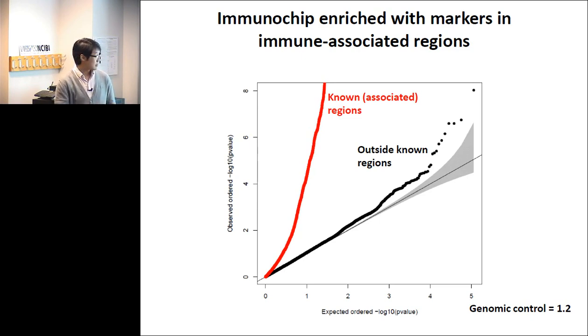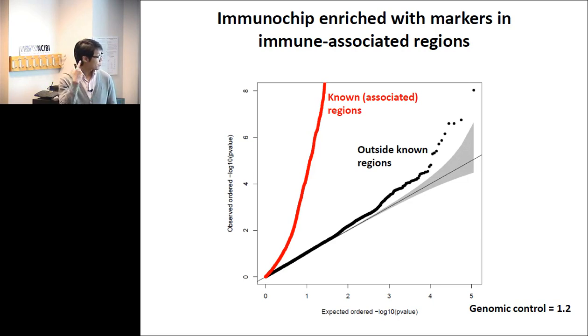But for those outside the previously known psoriasis loci, we still seem inflated. So it seems that there may be some population stratification, but we have to bear in mind that the Immunochip itself is biased towards genetic variants in immune-related regions. So we could not just use all those markers outside the psoriasis loci to assess the population stratification issue.